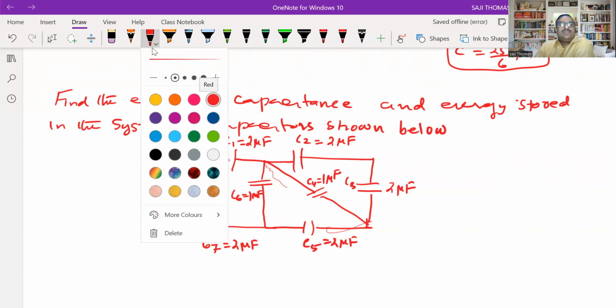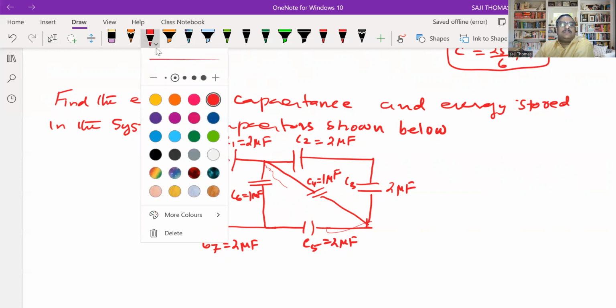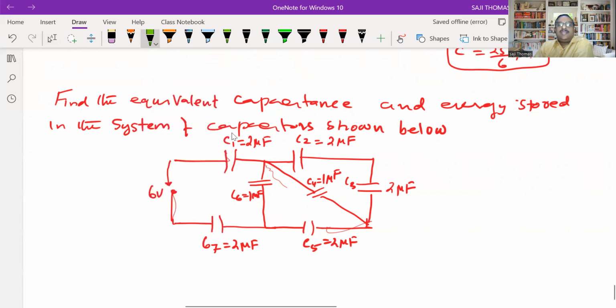Series means there should not be any branching or division of charge among them. When you look here, C2 and C3 have no division of charge or branching between them, so these are in series. First you find the series combination of C2 and C3.